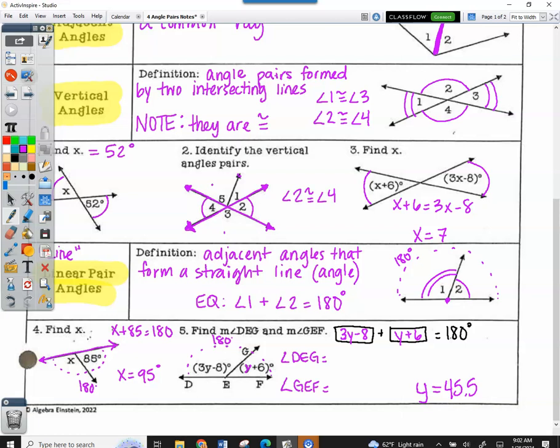Did you get these? Okay. So you're just going to plug them in. The big one. Did you get 128.5?